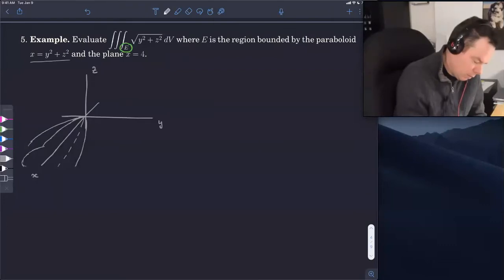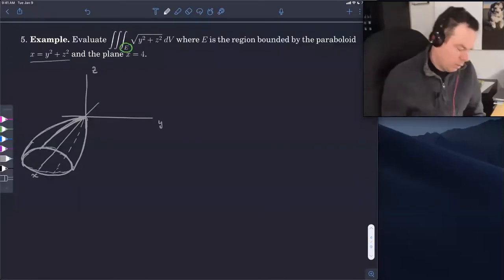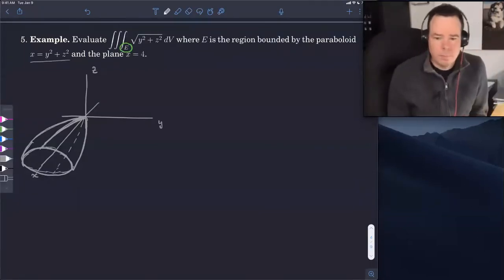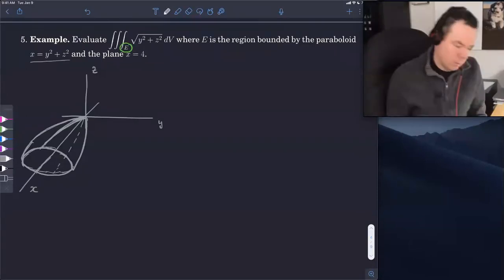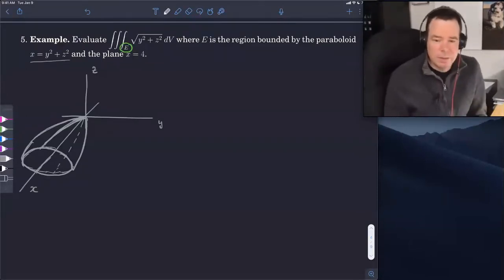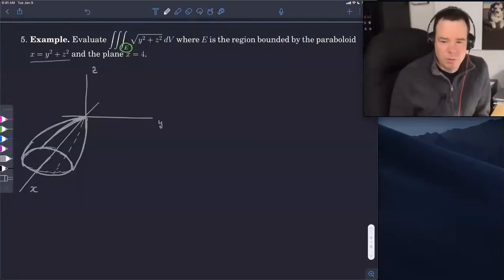Let's see if we can get a drawing of this. So there's our paraboloid, opening along the x-axis. I'm just going to extend this x-axis a little bit further so it comes out of the paraboloid. Here we go. The dotted line is supposed to indicate that we're looking through the upper part of the surface to see that line on the lower part of the surface.